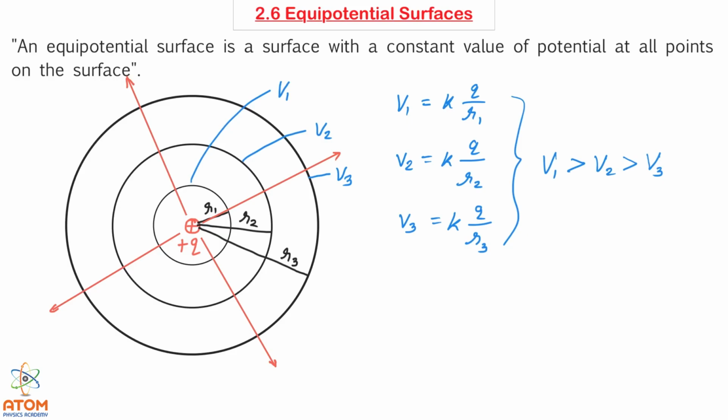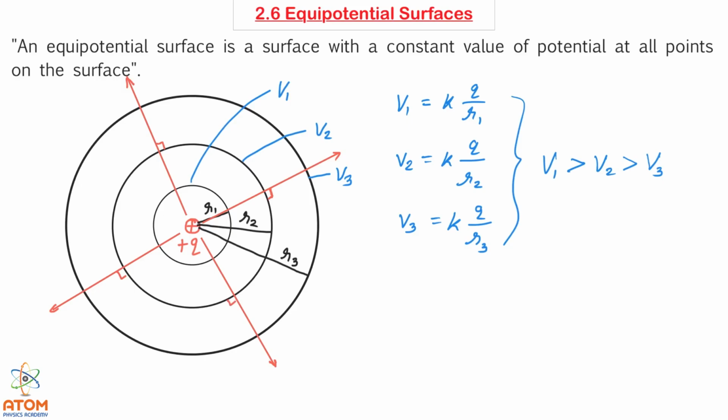Now, at any point on this surface, let me choose this point right now. At this point, you can understand the electric field line and the surface are perpendicular. Now you choose any point, everywhere the electric field line will be perpendicular to the surface.